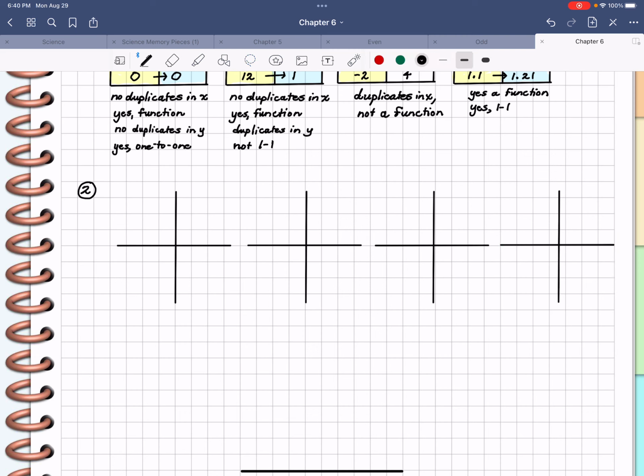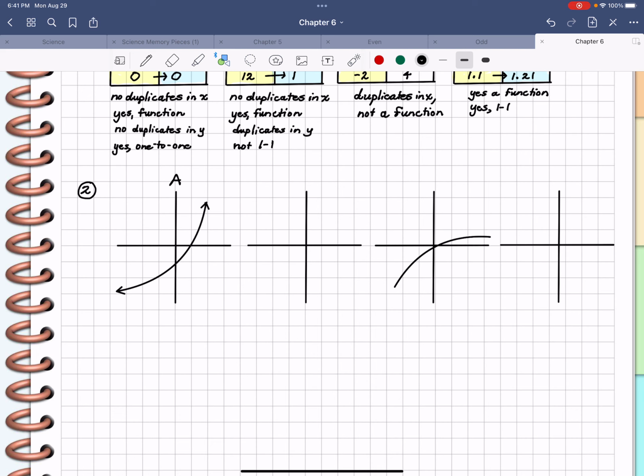Okay, the first one, graph A, looks something like this. It's pretty close. Graph C, which is right beside it, that's a little bit confusing. Be careful. Looks something like this.